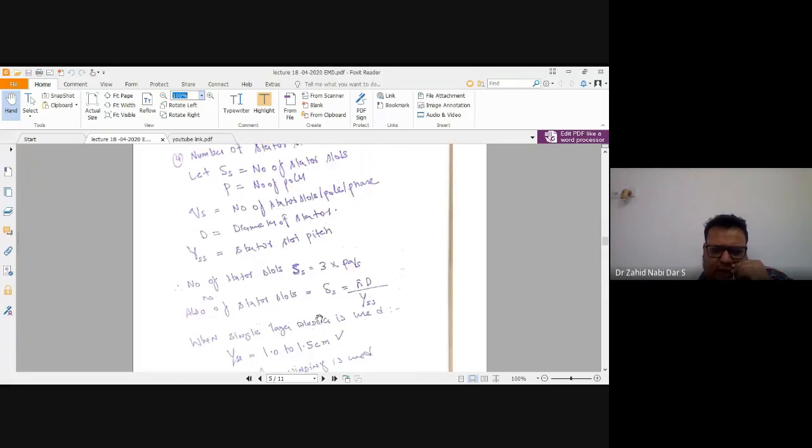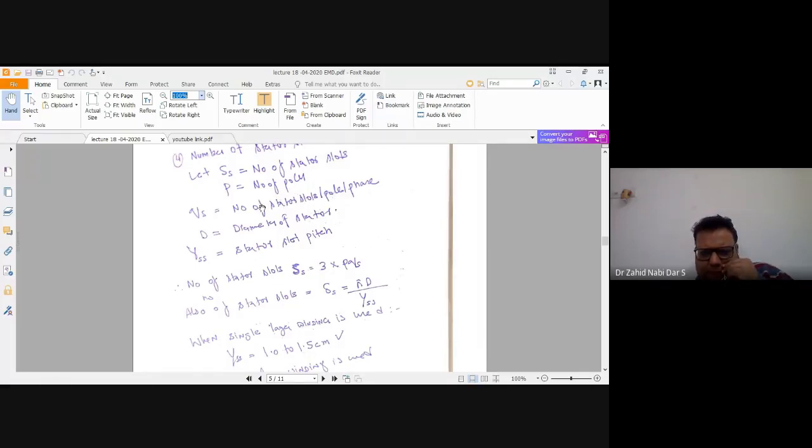The reason behind it is that the number of stator slots depends upon the type of winding you are employing, the connection you are employing, the different lap winding, wave winding you are employing. So it would come somewhere around 18 or 16 or 14. More than that it will come around 20, 24, 24.